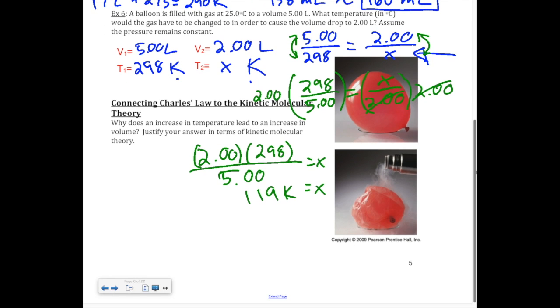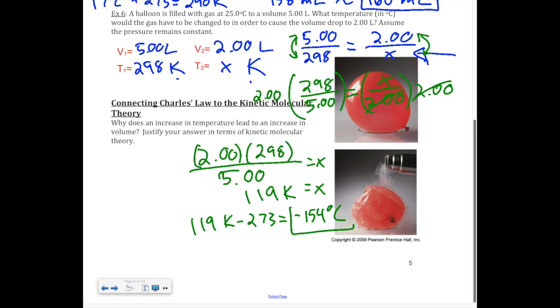Now, that doesn't get us all the way because I asked for Celsius. So what you'll have to do is take 119 Kelvin and subtract 273, and I will get negative 154 degrees Celsius.